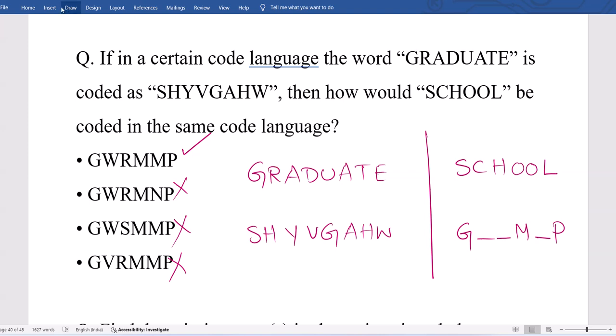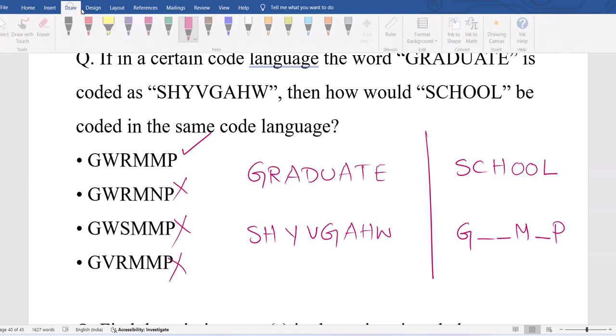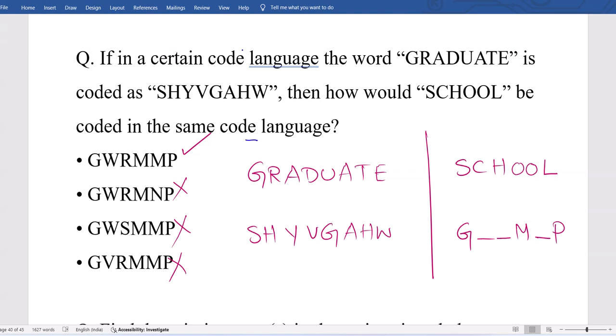G value what? 7. S value 19. R is 18. H is 8. A is 1 or we can take 27. This is 25. Okay. Fine. But at least maybe they divide into two groups. Swapping is also possible. Yeah, L and M. O and P. H and G. H before letter. This is O next letter.